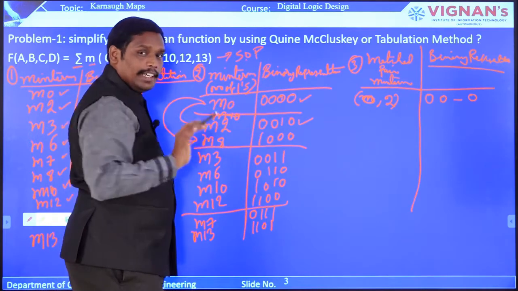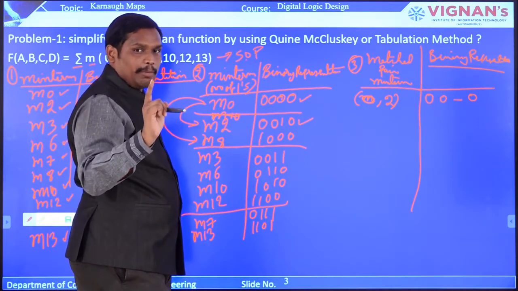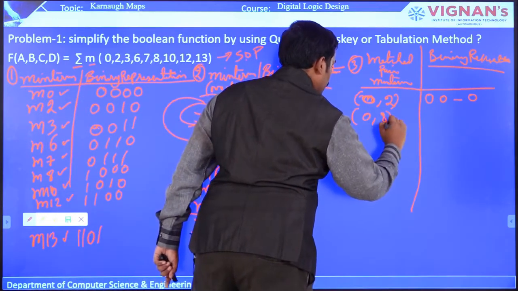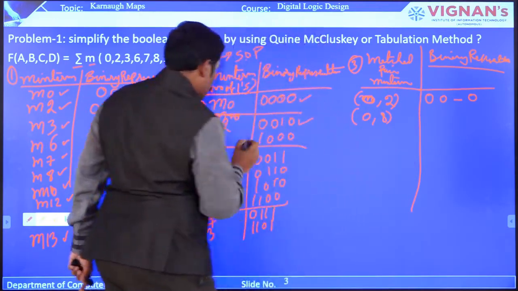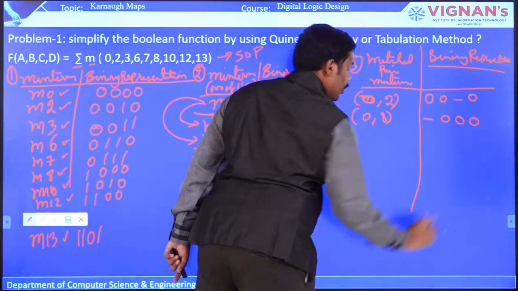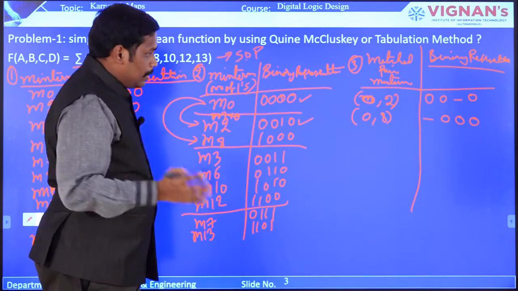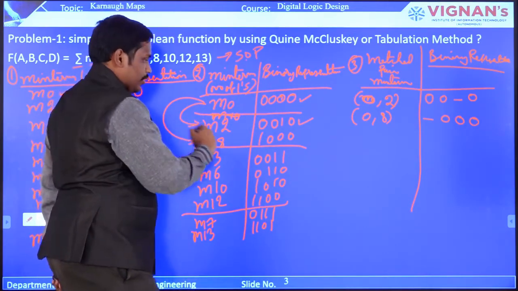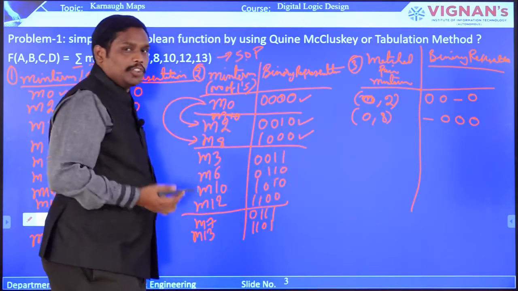So the first position has a bit flip, only one bit position, so you write it as a matched pair. So 0, 8 you are going to write as underscore, 0, 0, 0. So I have generated a 4 bit representation for the matched pairs. Okay, so we completed this, with a small tick mark because 8 is also considered.